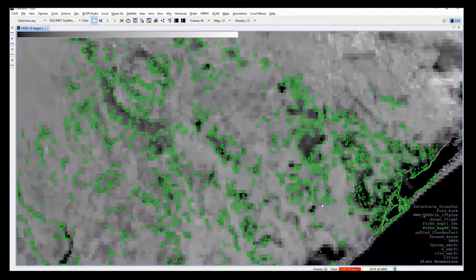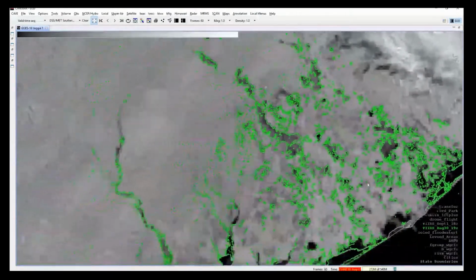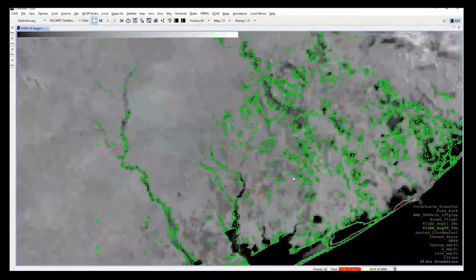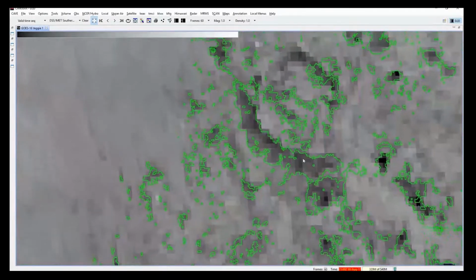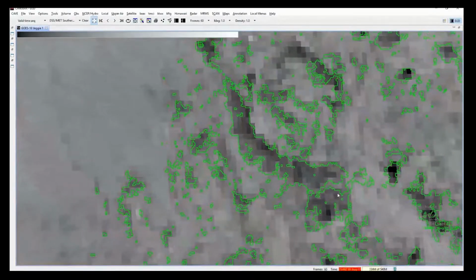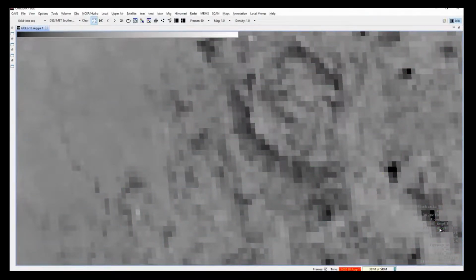Is there any particular area you'd like to show, Kris? Yeah, let's zoom in to this area, because we're going to pick it up after section 3. So this is the basin transfer that's happening between the Colorado and the San Bernard. And so this is going to validate something that I'm going to show you in a time animation in that section of the demo.